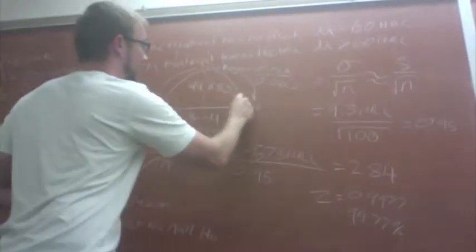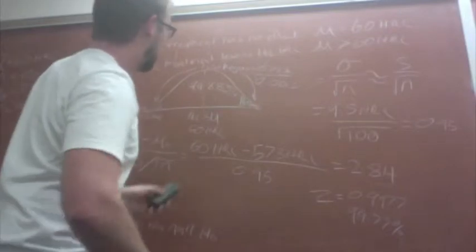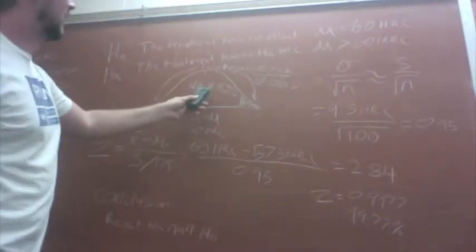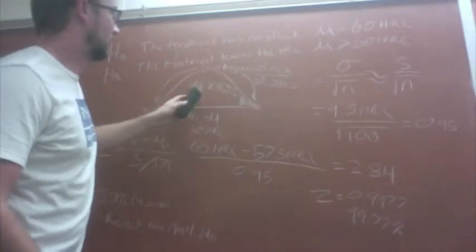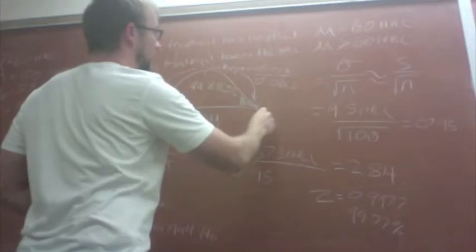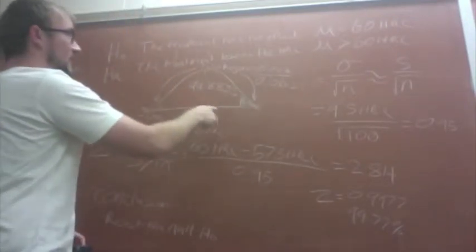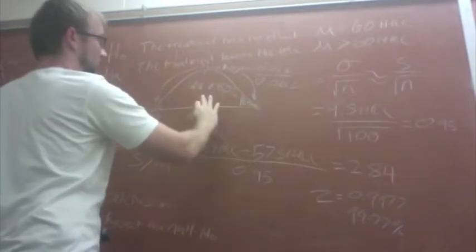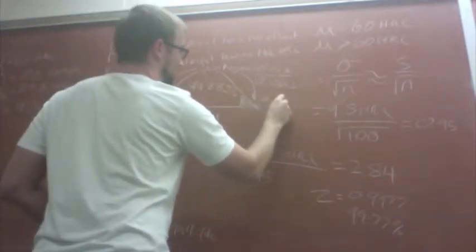So we want to find this area now instead of this one. So now this whole 99.88% is the rejection region that we're looking for, and this is the area that we're confident about it going up to. So the 99.885% is now our rejection region, and this is what we're going to accept, which is the 0.0015.